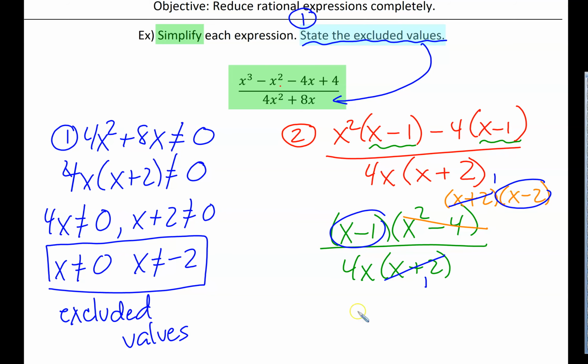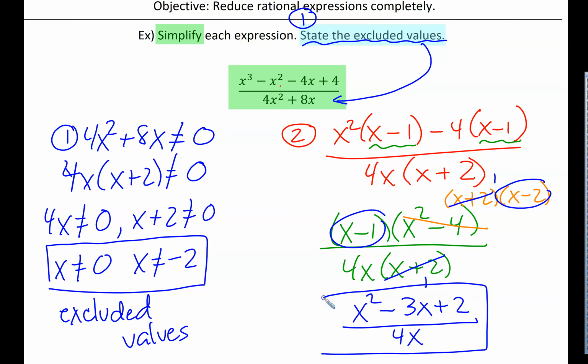I would want to multiply those two together to simplify that into standard form, giving me x squared minus 3x plus 2 over 4x times 1, which of course is just 4x. So this would be my simplified expression. All right, moving on.